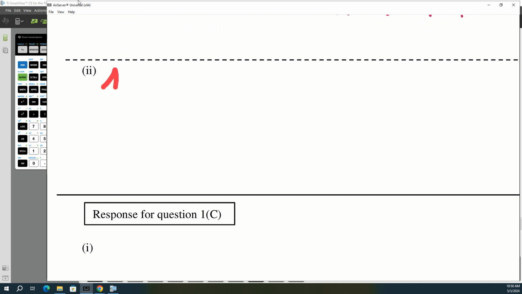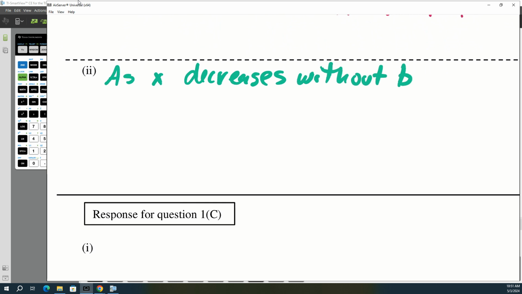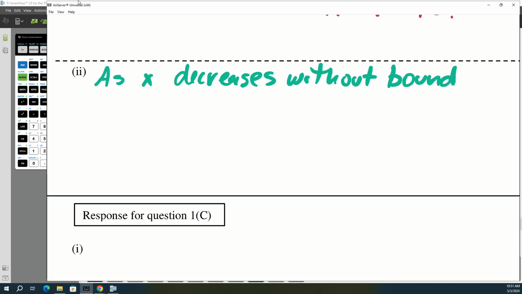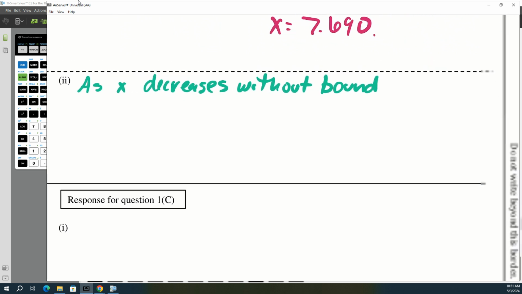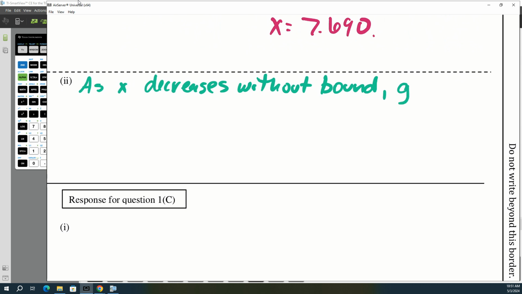So I'm just going to quote the problem for a second where it says, as x decreases without bounds, g acts similarly to y equals x squared over x.